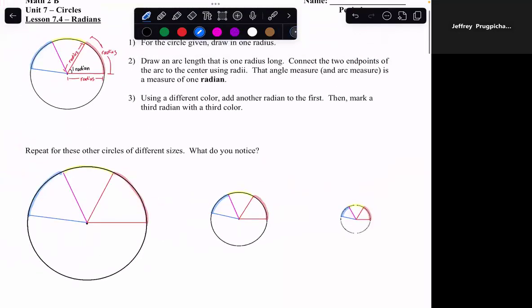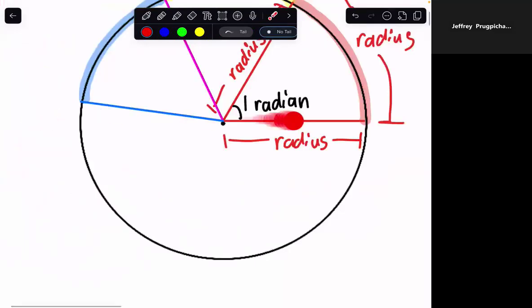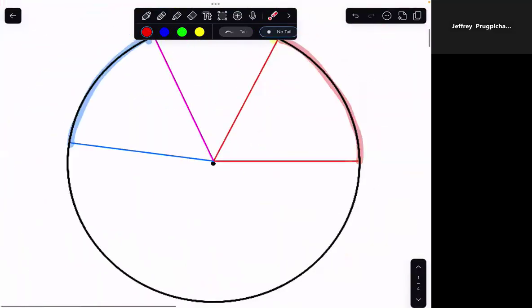Even though all four of these circles were different sizes, hopefully you see that the third radian of each one always ends in the exact same spot, right? It's always a little bit less than half the circle.